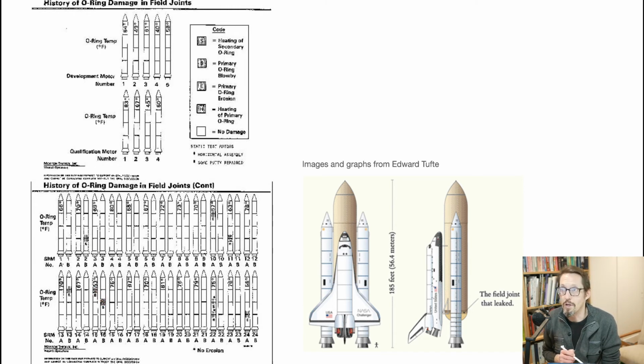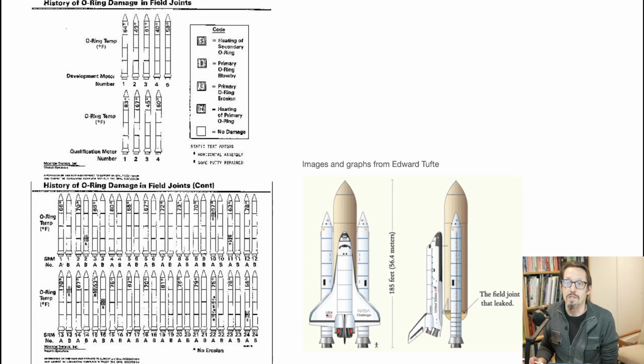So more tick marks, I think, means more damage, but I'm actually not sure after even studying this diagram for a fairly long time. And you'll see on each booster a notation about the temperature, what temperature it was when this booster had this damage. Okay?